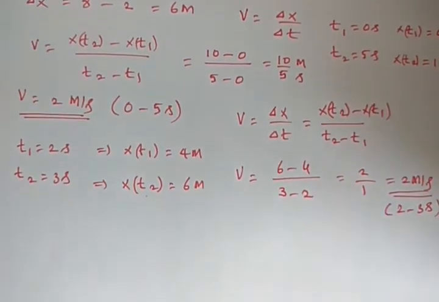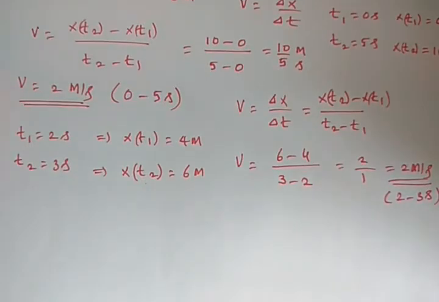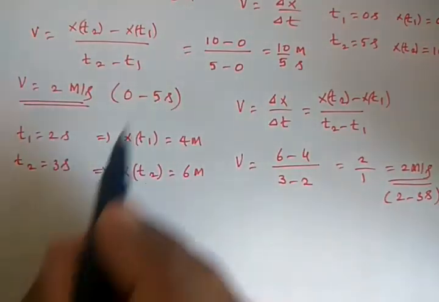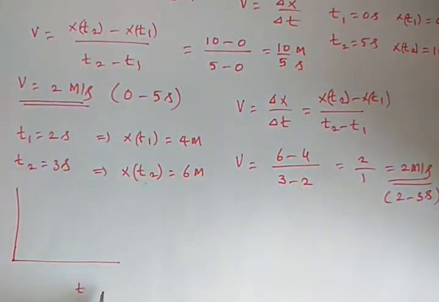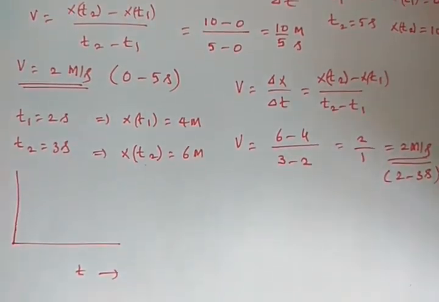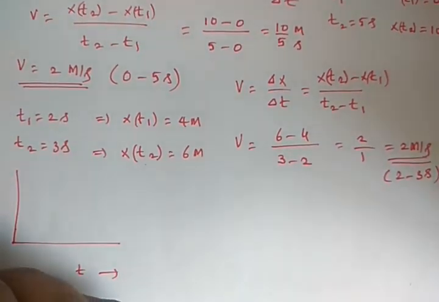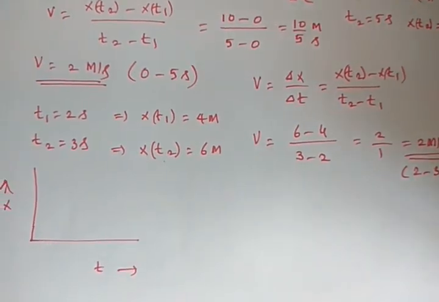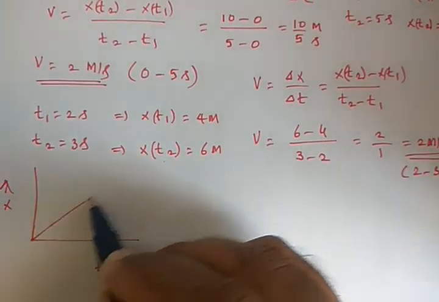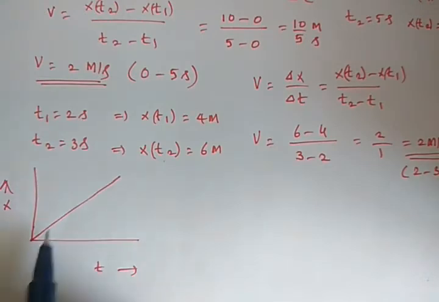Now let us draw the velocity versus time graph. For example, in general, if this is t in seconds, and this is the location or position, and you get a graph something like this, a model graph, this is the position versus time graph for a body.